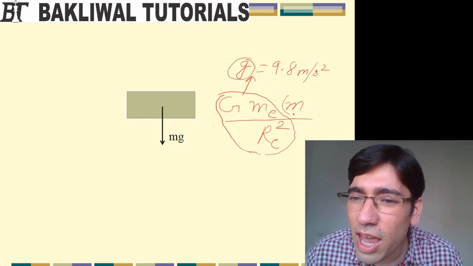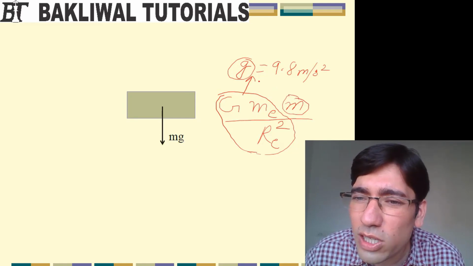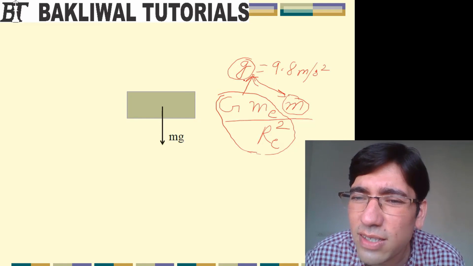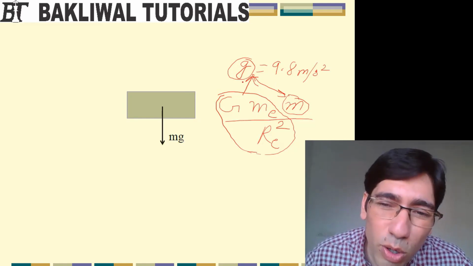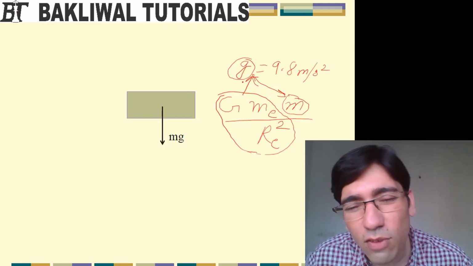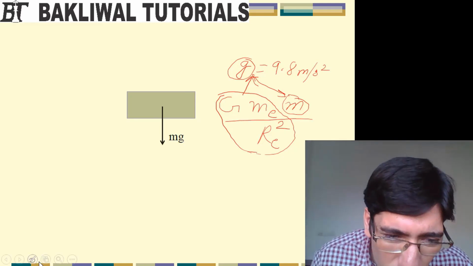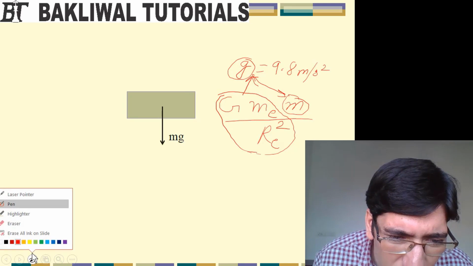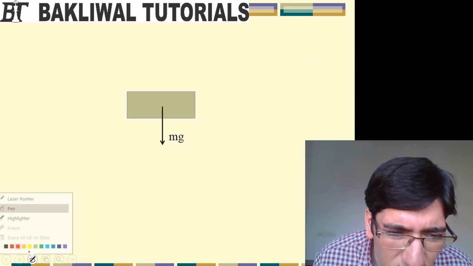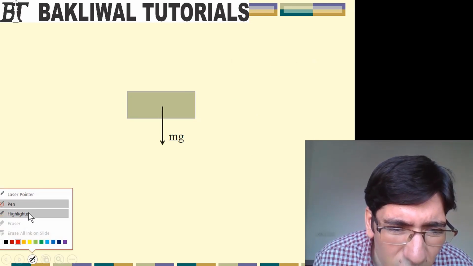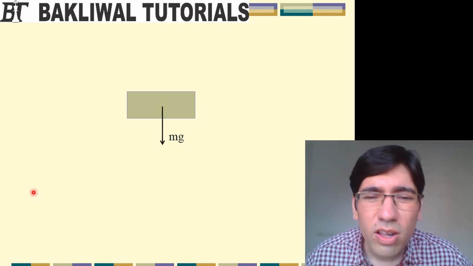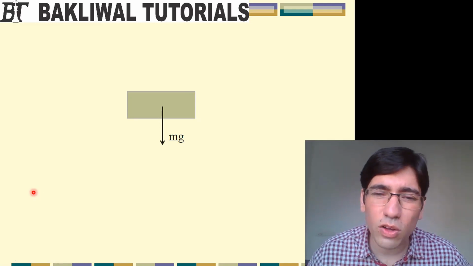So m into small g is also something which we can call it, because this entire constant is anyway same as g. We'll talk about the gravitational force at length when we talk about the types of forces. But for now, I'll give it to you. mg is one of the forces.